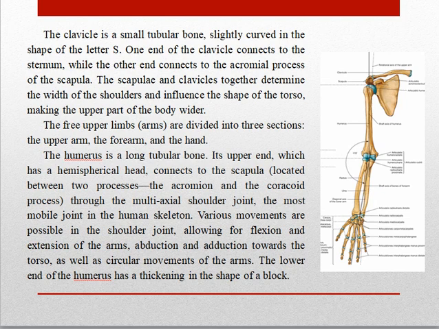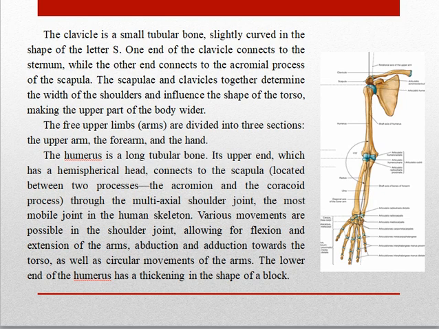The upper limbs, arms, are divided into 3 sections: the upper arm, the forearm, and the hand. The humerus is a long tubular bone. Its upper end, which has a hemispherical head, connects to the scapula, located between 2 processes, the acromion and the coracoid process.